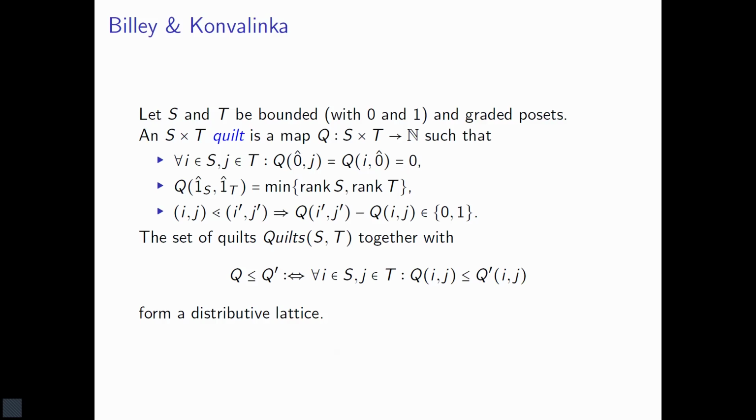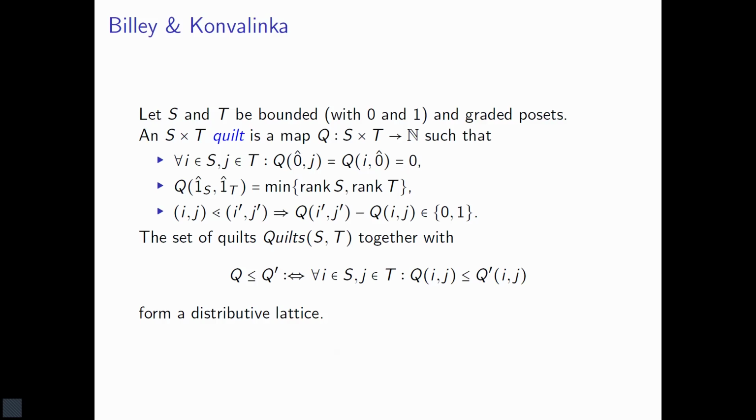And again, at the other end of the product, we want to have the maximal possible element, because we increase by at most 1 whenever we cover. And the nice thing is these form a distributive lattice, which is quite obvious.